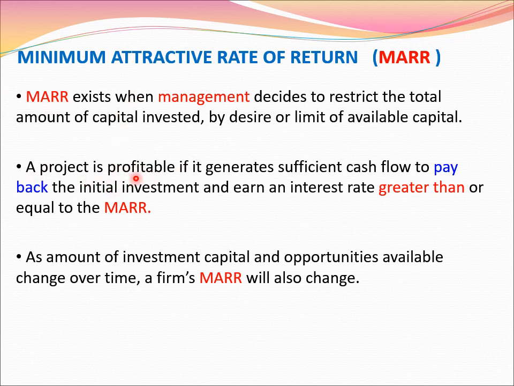We say that a project is profitable if it generates a sufficient amount of cash flow to pay back the initial investment. Usually, when we are talking about projects, we are talking about such a cash flow. We have an initial investment amount, so you need to buy land, building, equipment, machinery, and etc. And for all these, you need capital investment.